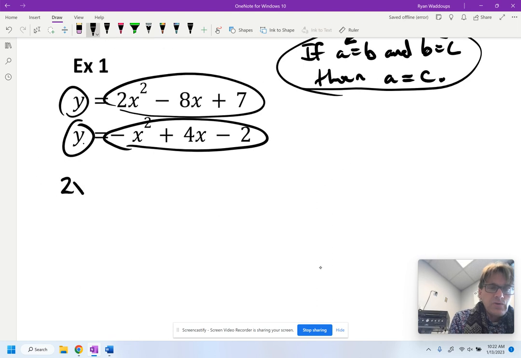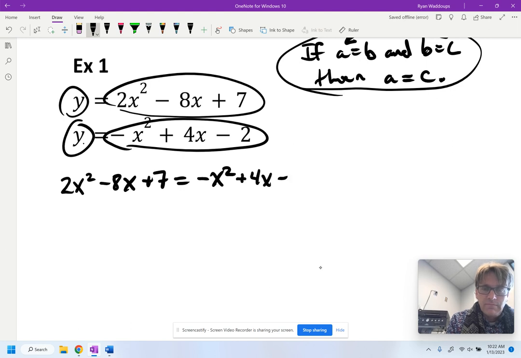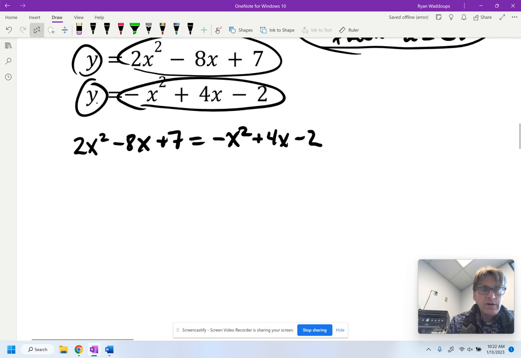So we've got 2x squared minus 8x plus 7 is equal to negative x squared plus 4x minus 2. And now we want to solve this equation, so we want to put it in standard form. I'm going to add x squared to both sides.